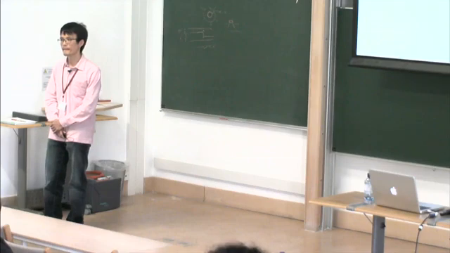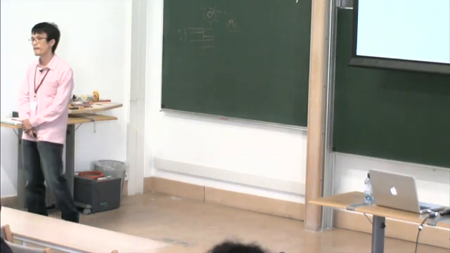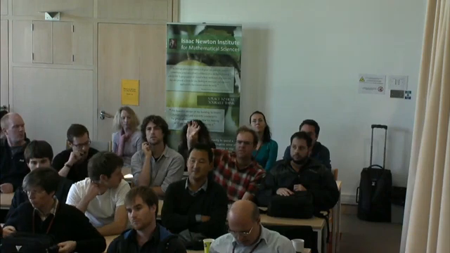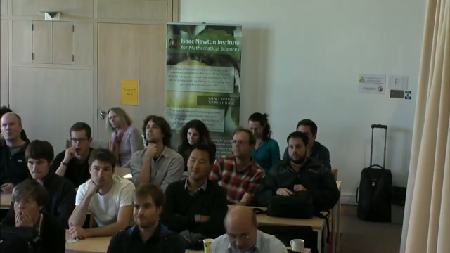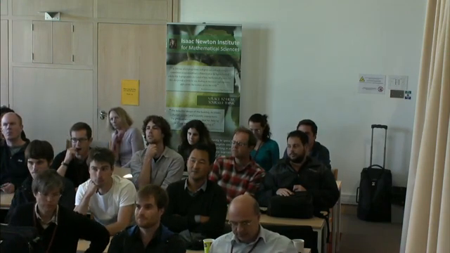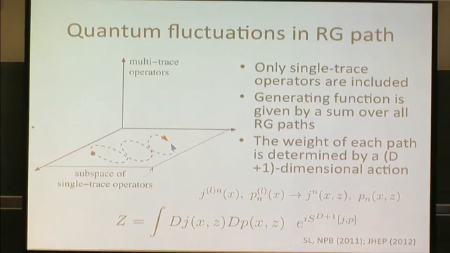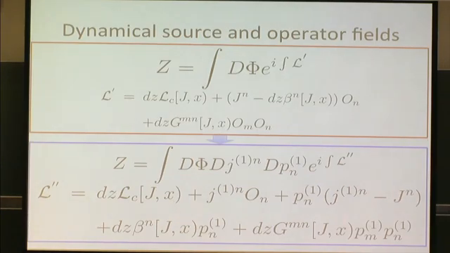Yes, please. I just want to understand, at what step did you really need to be considering a matrix system? So okay, the matrix model is unique in the sense that when you have only single trace operators in the beginning, you only generate double trace operators.